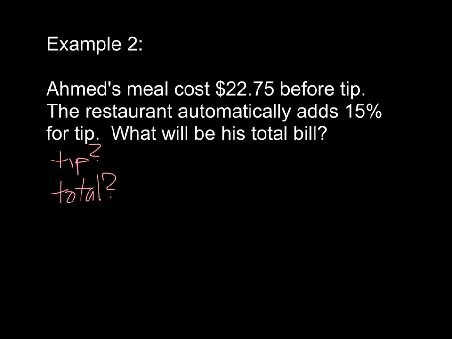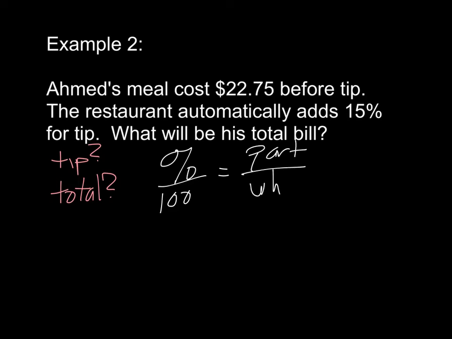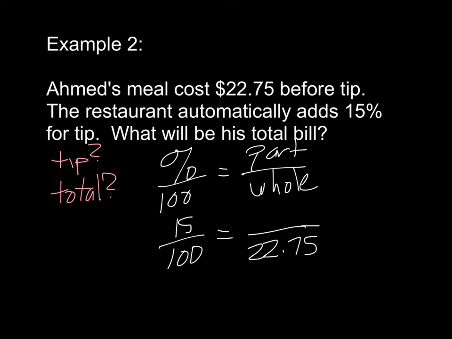We're going to use the universal percent proportion to find our tip. Our percent is 15, so that's 15 over 100. 22.75 is the whole bill.